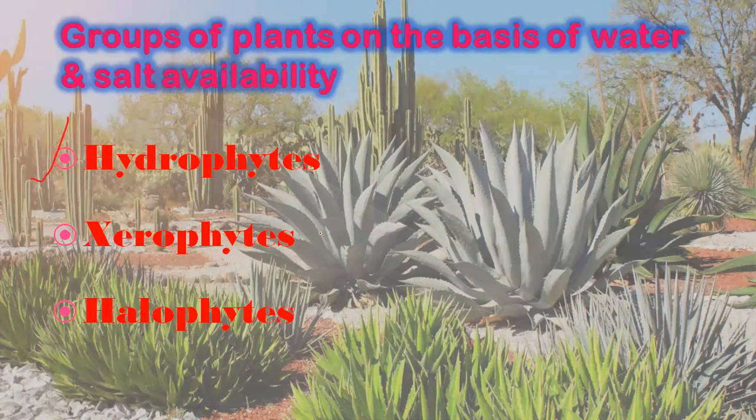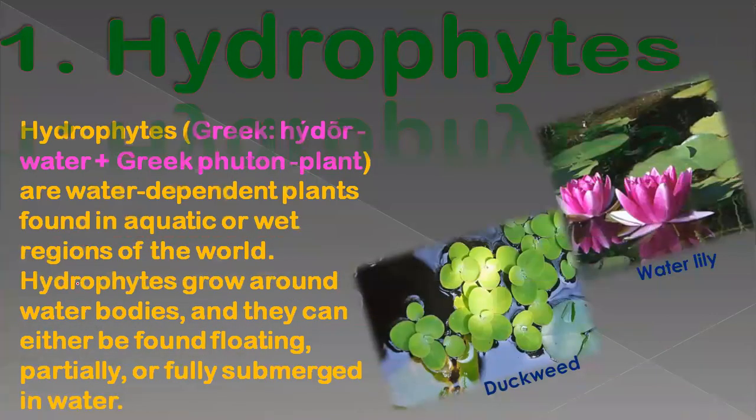We will talk about all these situations one by one. First we will see hydrophytes, then xerophytes, and then halophytes. What are these, and what adaptations do they have in their body to cope with this situation.